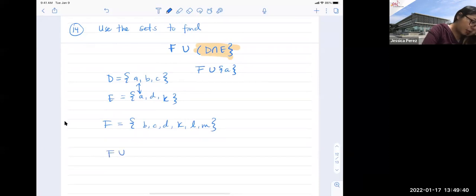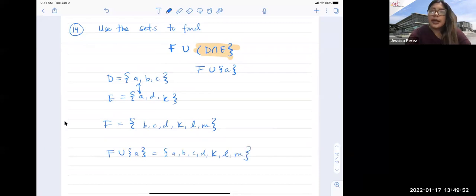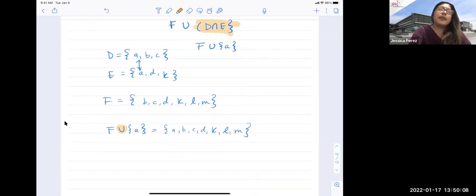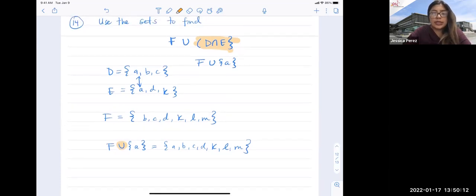So F or A will be A, B, C, D, K, L, and M. Because it's the union of everything. This means or. So F or A, because D intersect with E is what they have in common. So the sets D and E only have A in common. And then we have to write them in order. Okay. So that looks like 14.